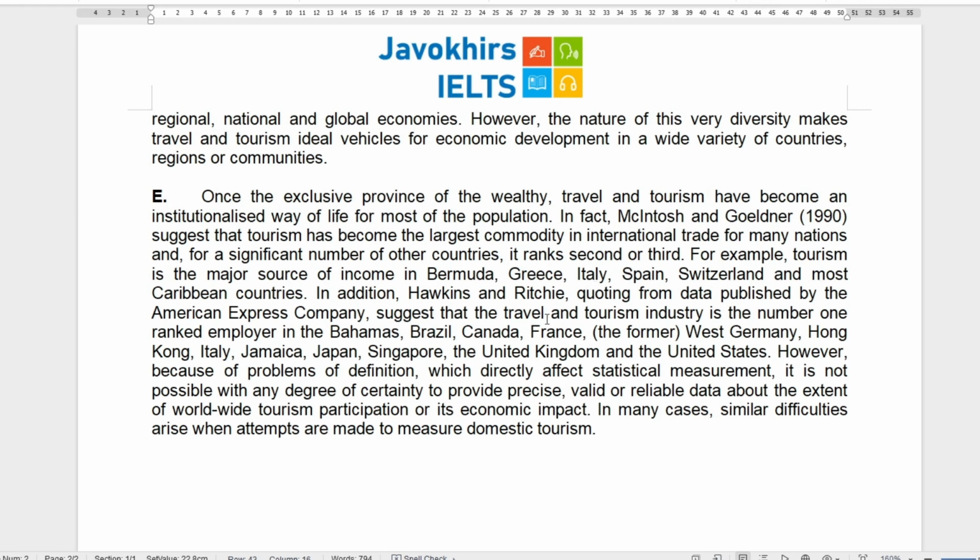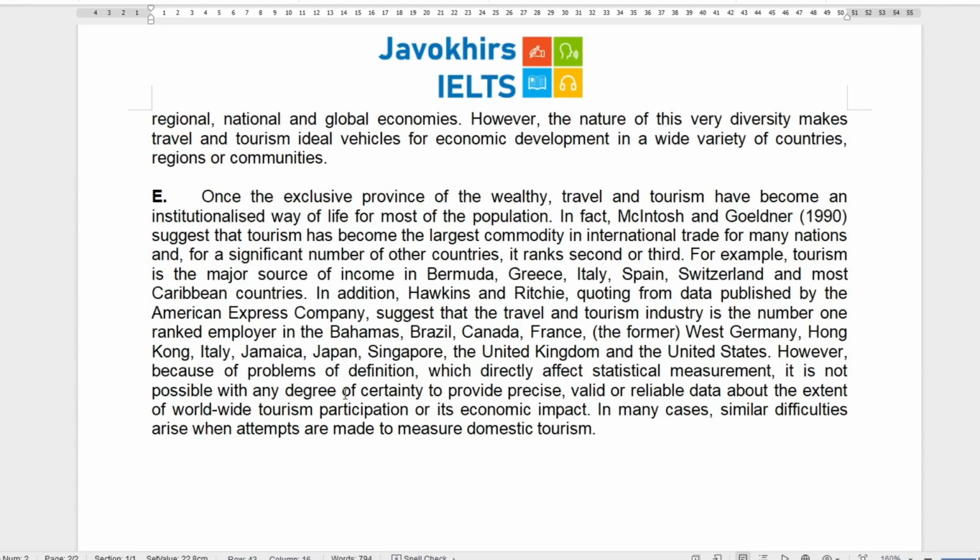In addition, Hawkins and Ritchie, quoting from data published by the American Express Company, suggest that the travel and tourism industry is the number 1 ranked employer in the Bahamas, Brazil, Canada, France, the former West Germany, Hong Kong, Italy, Jamaica, Japan, Singapore, the United Kingdom and the United States.